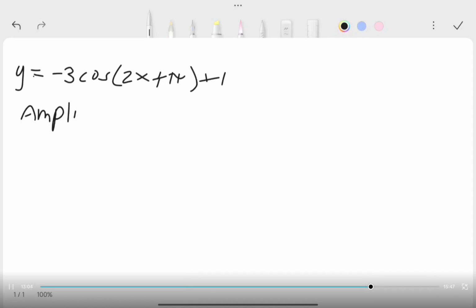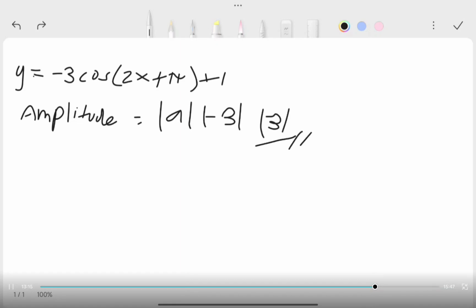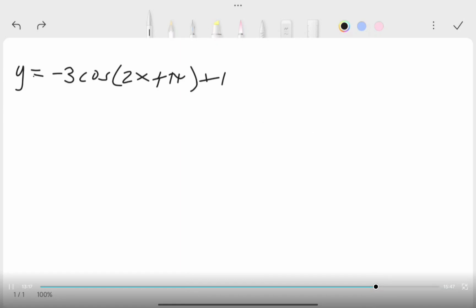Let's proceed to our second example. Our given is y is equal to negative 3 cos of the quantity 2x plus pi, plus 1. And our amplitude is a, and our a is negative 3, so simply the answer is positive 3, always positive.